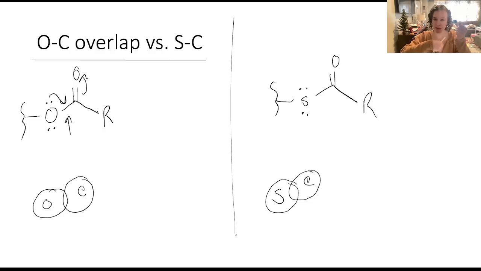Maybe they're a little bit misaligned, or the atomic radii of the atoms is not quite right for that great overlap of the electron clouds. And so what happens is this molecule is less resonance stabilized.